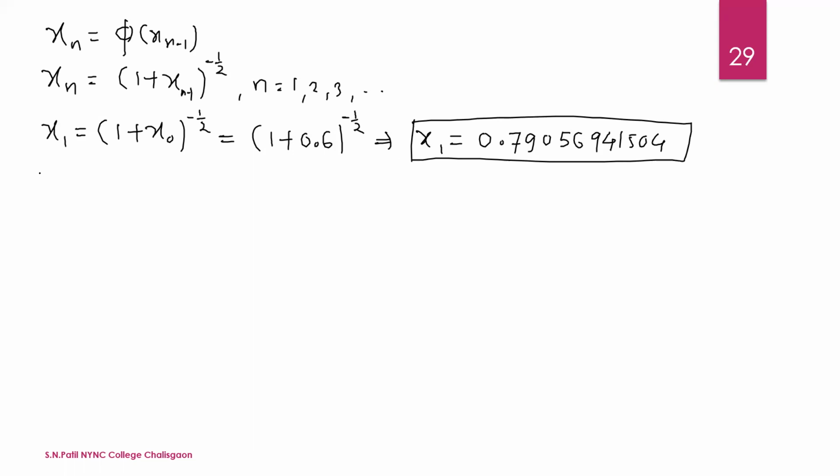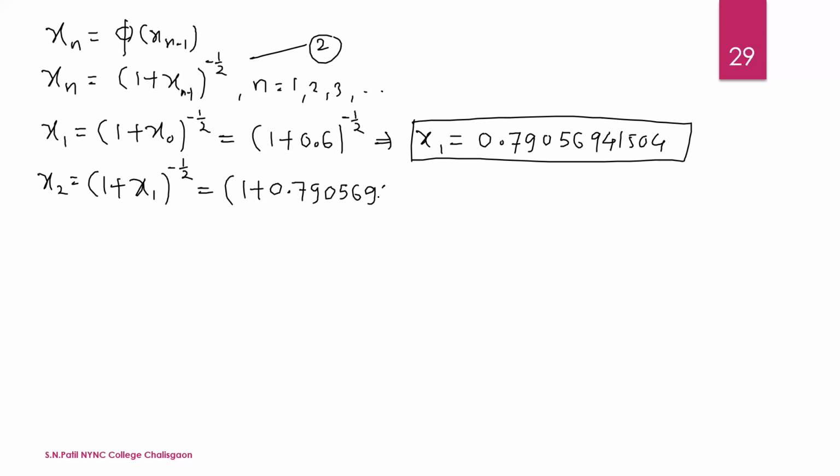Now the next iteration, suppose this is equation number 2. Put n is equal to 2 here, then we get 1 plus x suffix 1, 2 minus 1 is 1. The value of x1 we have calculated here, 0.79056941504 raised to minus 1 by 2.